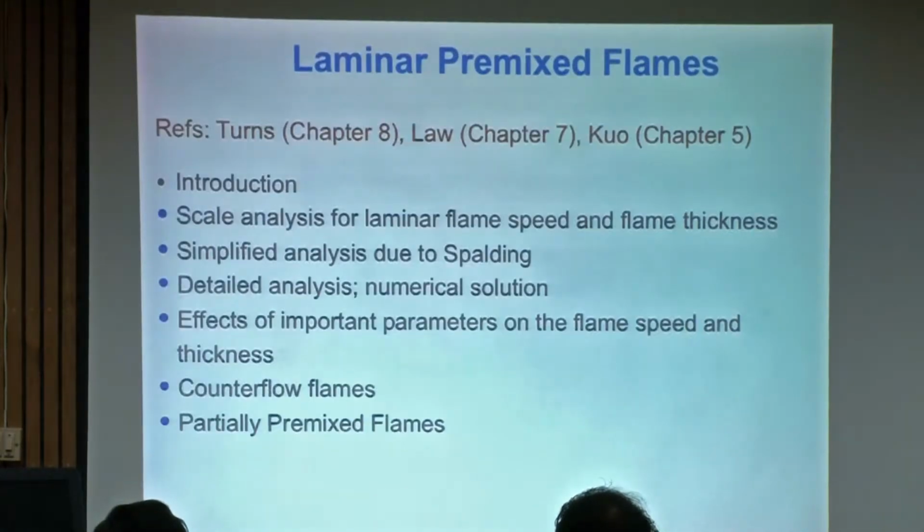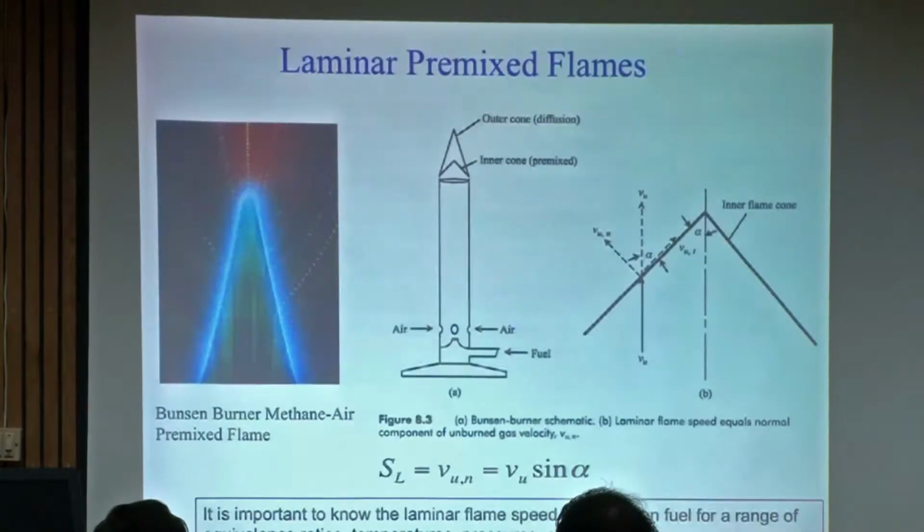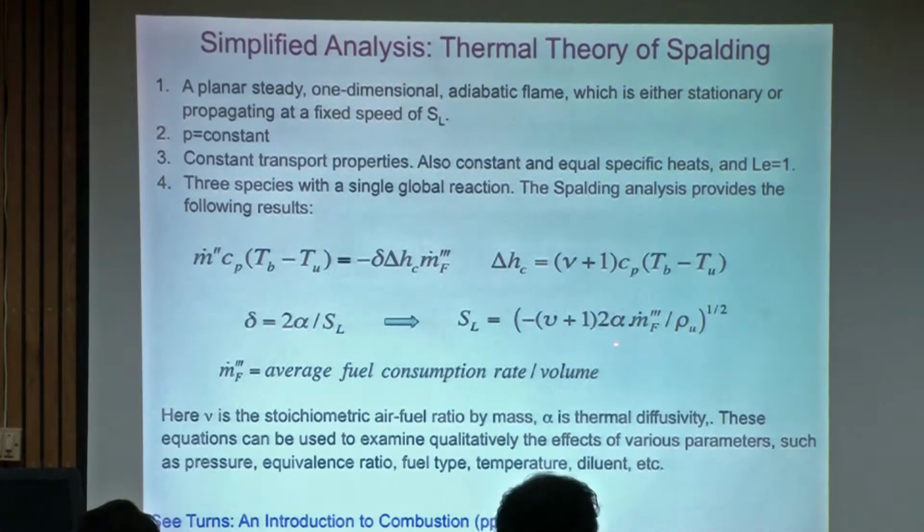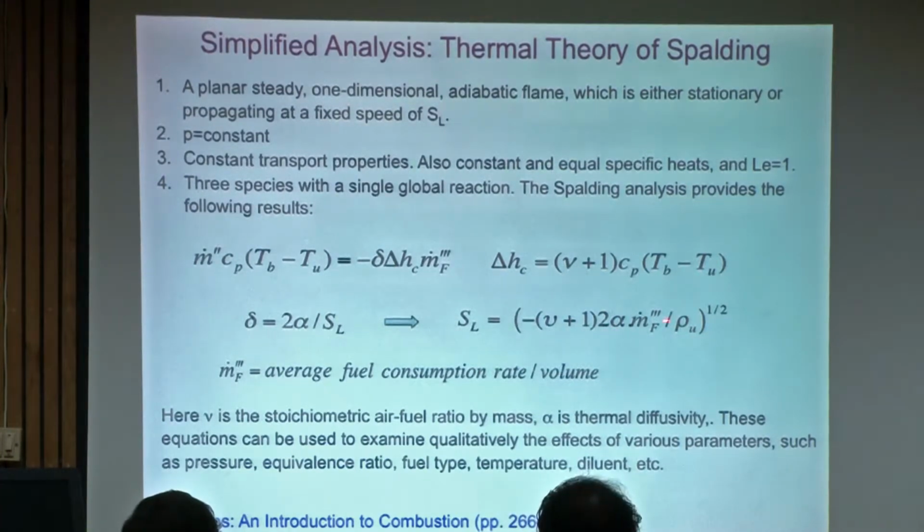Now we are getting, instead of omega dot, this is same as omega dot, reaction rate, divided by rho u alpha. So those parameters are still here. In addition, we are getting this 2 times nu plus 1.